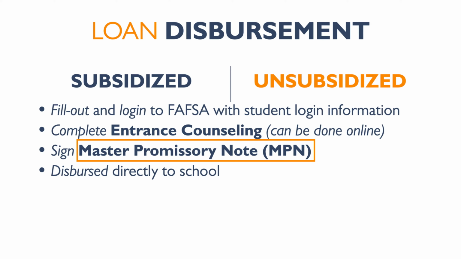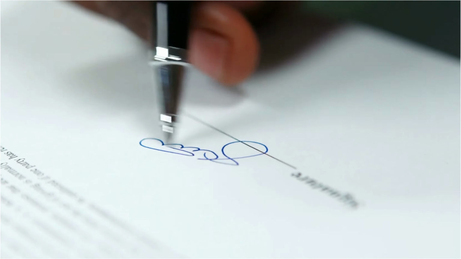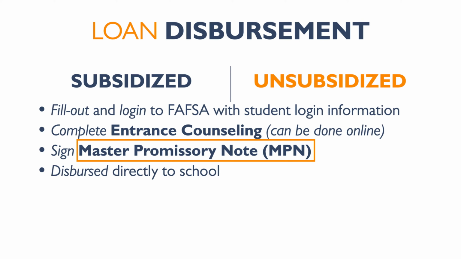After completing the entrance counseling, you will be required to sign the Master Promissory Note. It is a legally binding document in which you make a promise to repay these loans, including any accrued interest and fees. Only after completing all these steps, the funds will be dispersed directly to your school.